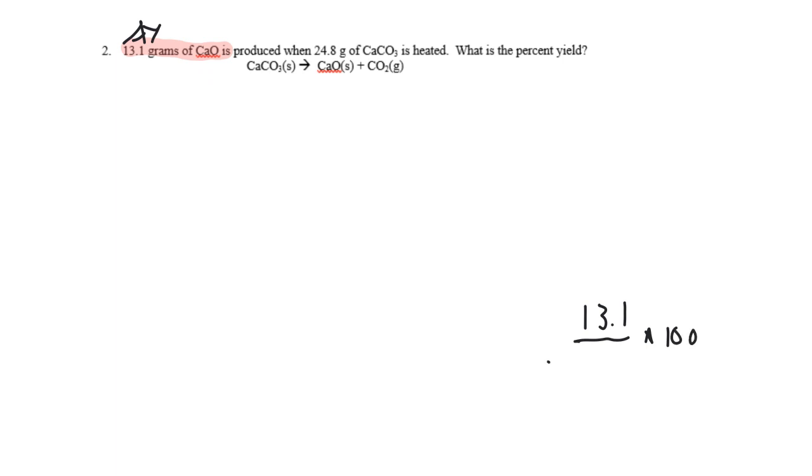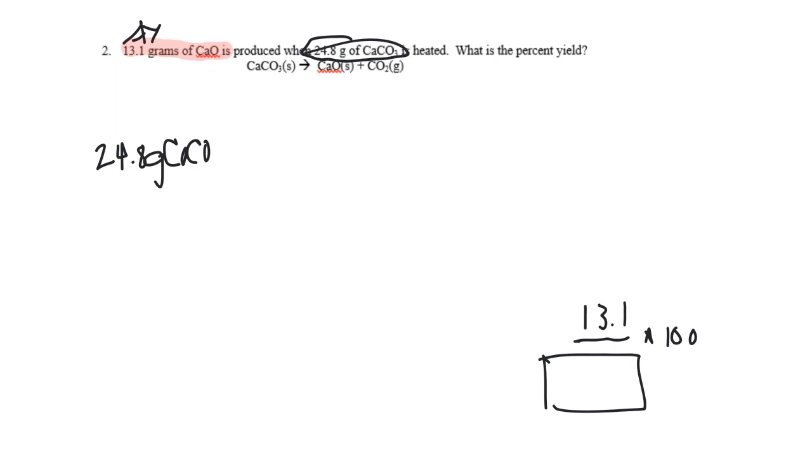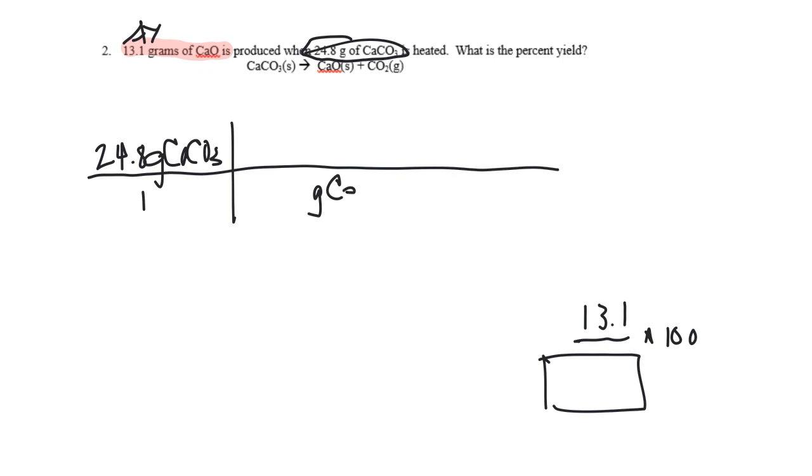Now I need to calculate my theoretical yield. I do that from this 24.8 grams of CaCO3. So balance the reaction, check. Given to moles, so I have to take the 24.8 grams CaCO3, put it over 1. Grams CaCO3 comes to the bottom, moles CaCO3 comes to the top. 1 mole of CaCO3 has a molar mass of 100.02.